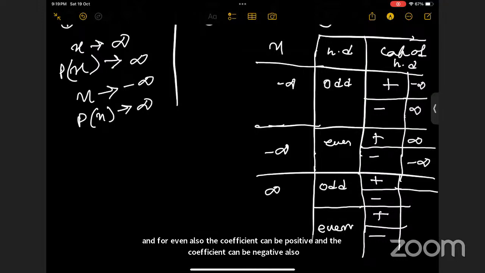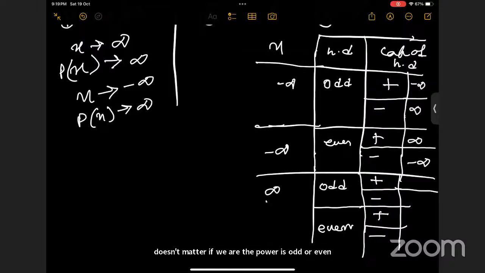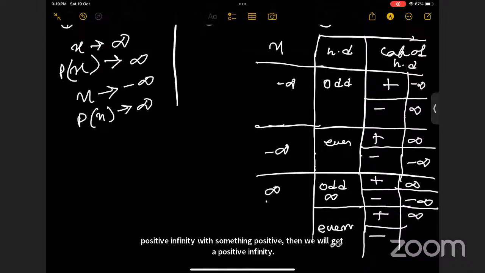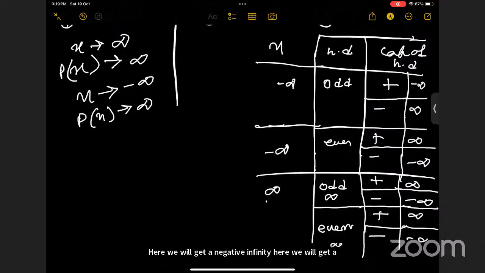So if we have positive infinity, it doesn't matter if the power is odd or even, it will be positive when we are applying the power. Now if we multiply positive infinity with something positive, we will get a positive infinity; here we will get a negative infinity, here a positive infinity, and here a negative.